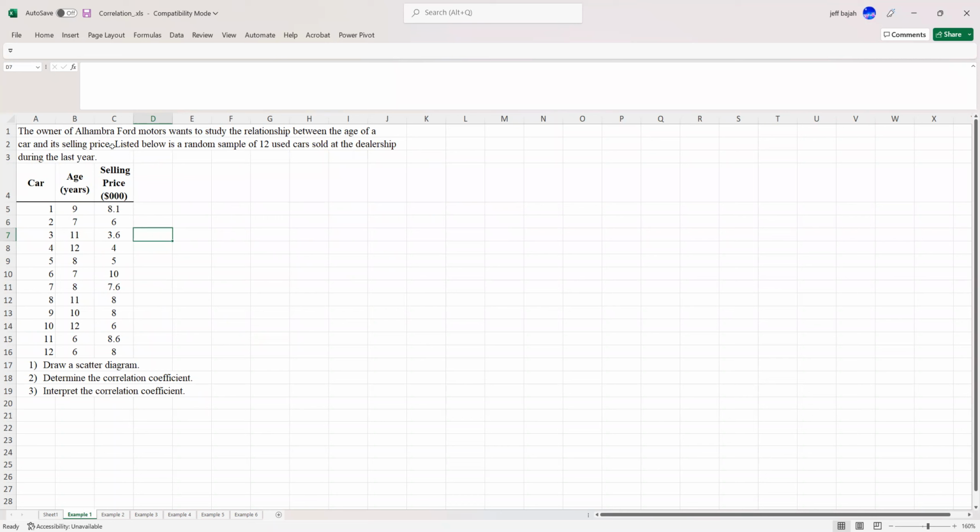We're told that listed below is a random sample of 12 used cars sold at the dealership during the past year. So they want to see what the relationship is between age of a car and the selling price.